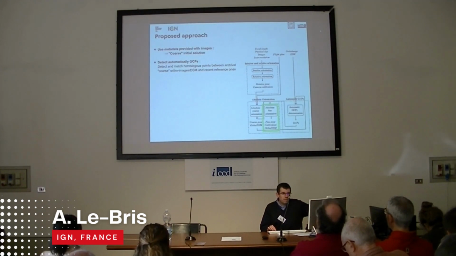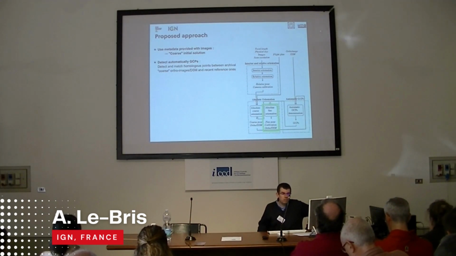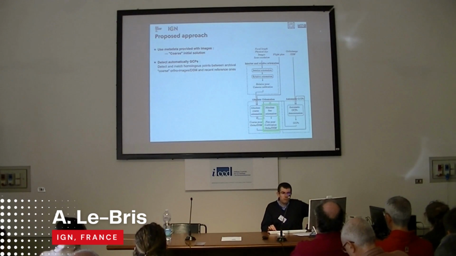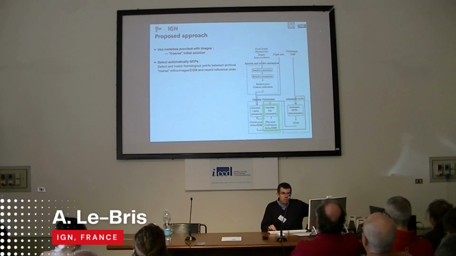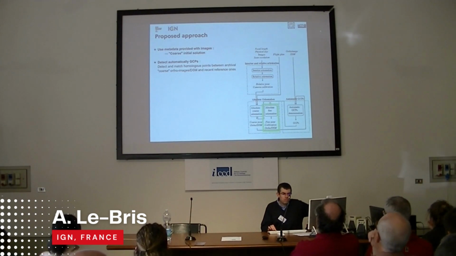Having calculated our automatic ground control points, we are able to perform a second bundle adjustment and to refine the absolute orientation of images. Then we have a fine calibration, and we are able to calculate ortho image and DSM.